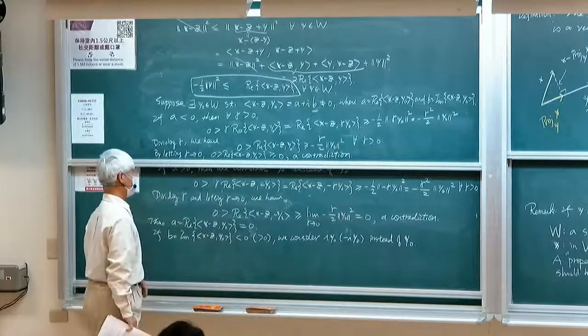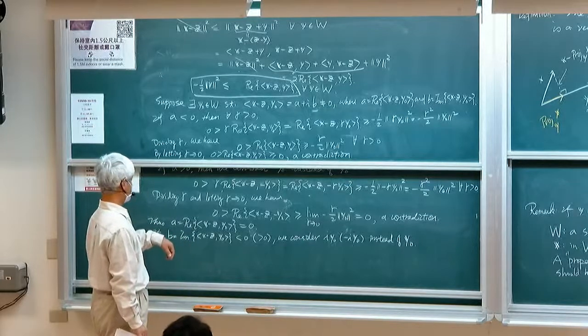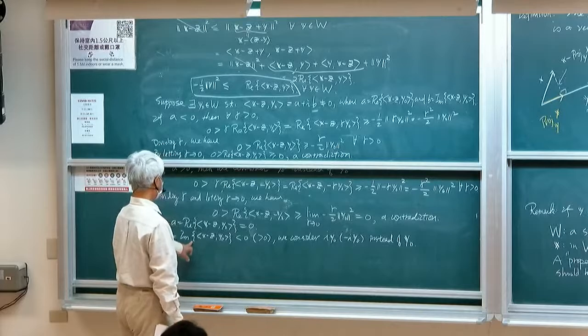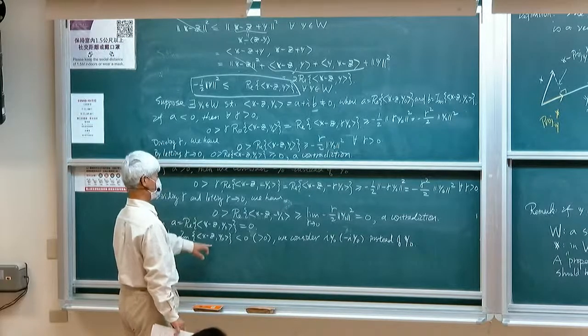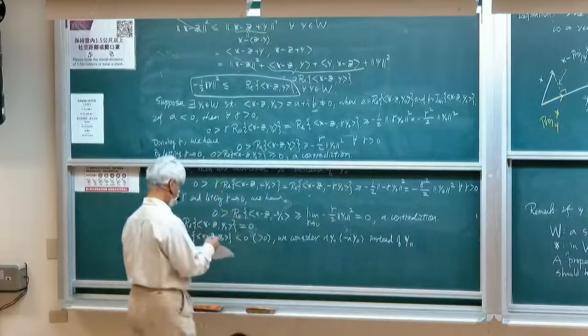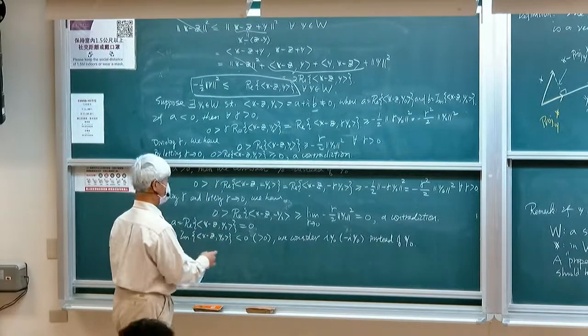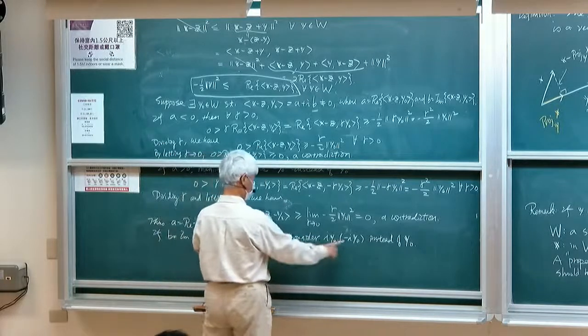So if this imaginary part is negative, we consider i y0, and if positive, we consider minus i y0.